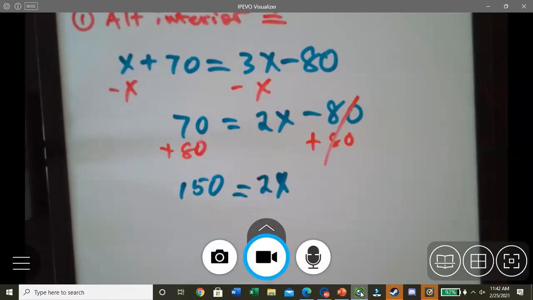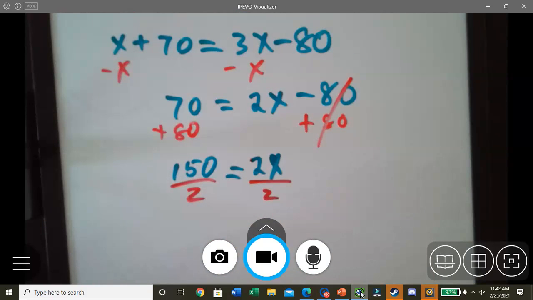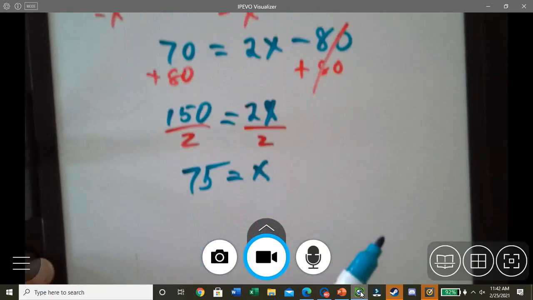So we divide by 2. Well, it's not quite 45. So 150 divided by 2 is 75, right?